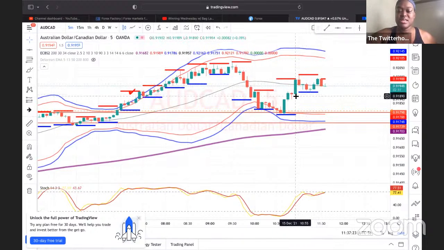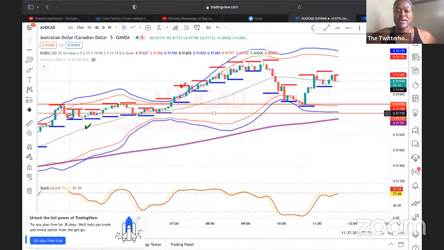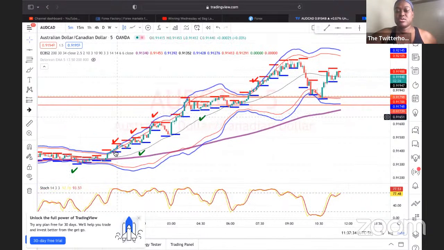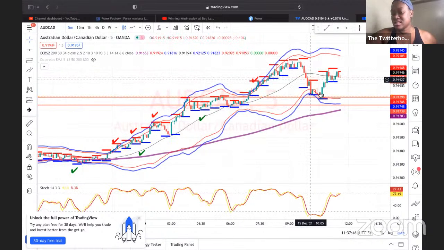So for me, why this area would be ideal is that I saw that it was a significant area in the past. See, you like to look to the left. So in the past, price kept on coming here and rejecting, came here, rejected. Then it broke through. It rejected once already. Now it's up.